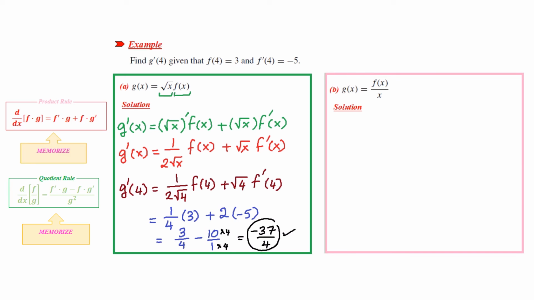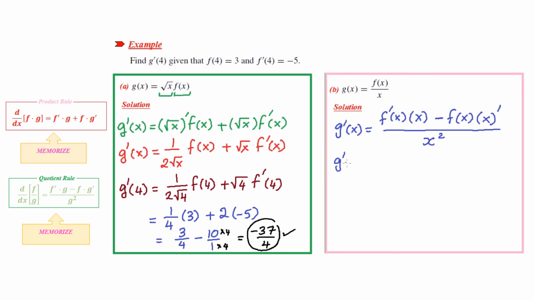So we have g prime of x equals the derivative of the numerator times the denominator minus f of x multiplied by the derivative of the denominator, divided by the denominator squared.